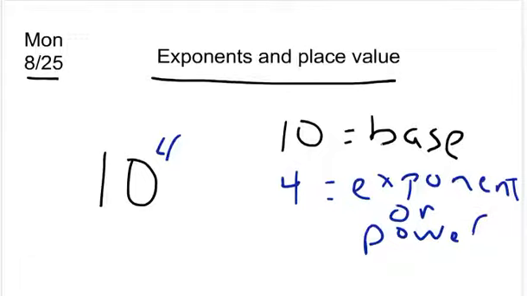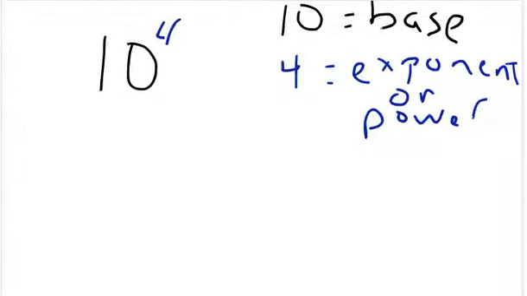Alright? So what that means is that 10 to the 4th is saying that we're going to multiply the base by itself that many times that the exponent or the power is.